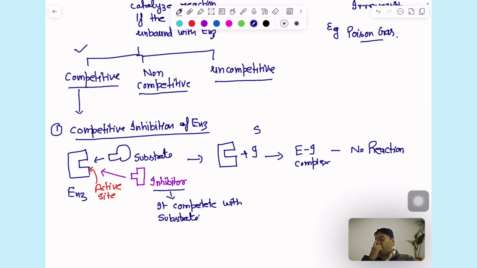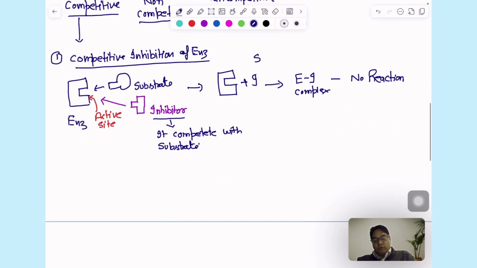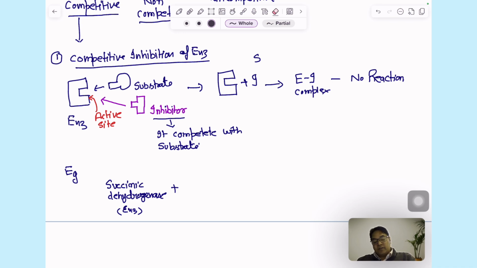Now let us see one more example of competitive inhibition. There is an enzyme, succinic dehydrogenase. So this is the enzyme. The normal substrate for it is succinic acid.